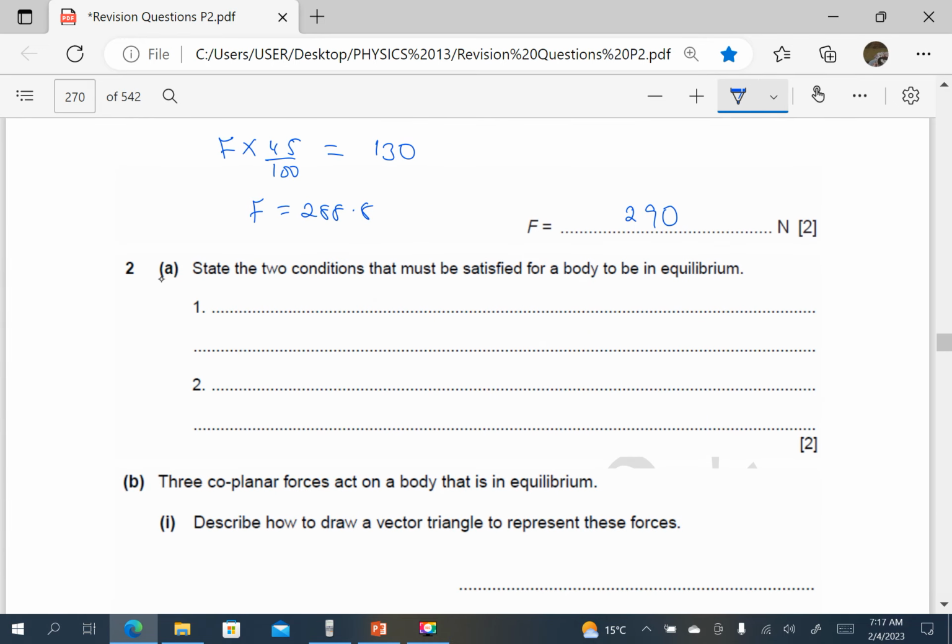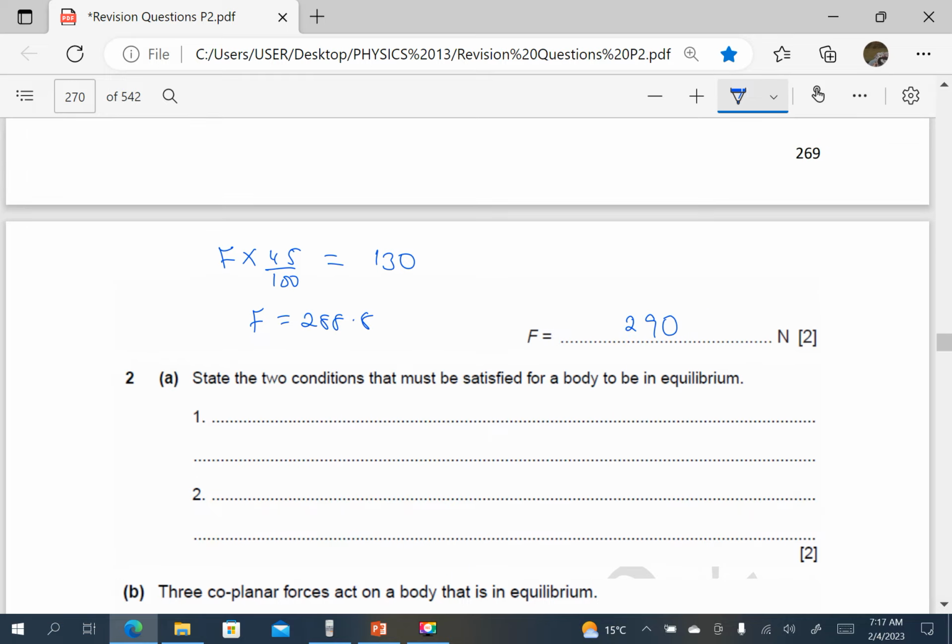State the two conditions that must be satisfied for a body to be in equilibrium. Number one, there should be no resultant force on a body in any direction, and also there should be no resultant moment or torque.